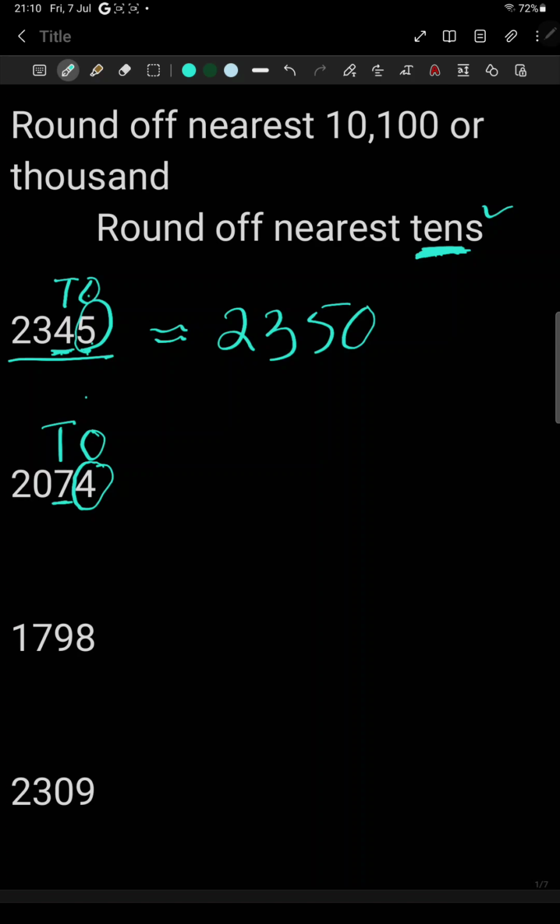If the number on the right hand side of the tens is less than 5, 0, 1, 2, 3, 4, any of these, we will round down. It means we will not erase this number. We will keep it over here. We write 7 over here and the ones place will become 0. So 2074 will become 2070 when we round off to the nearest tens.